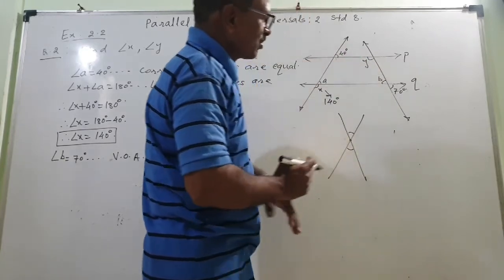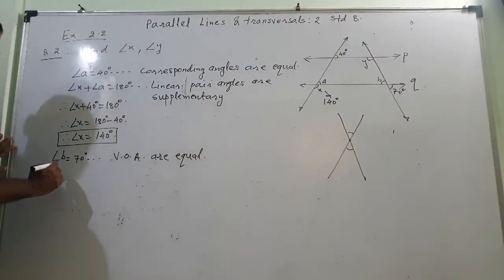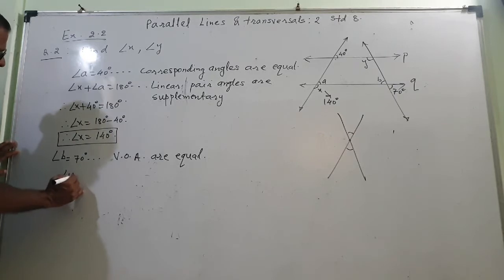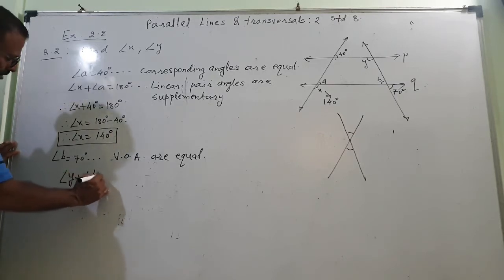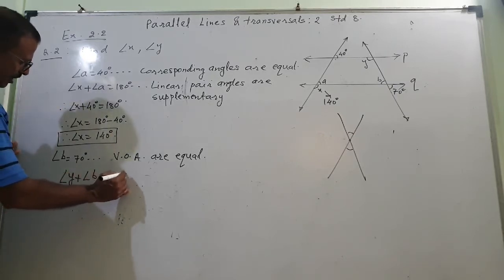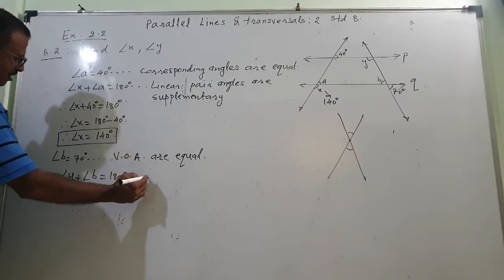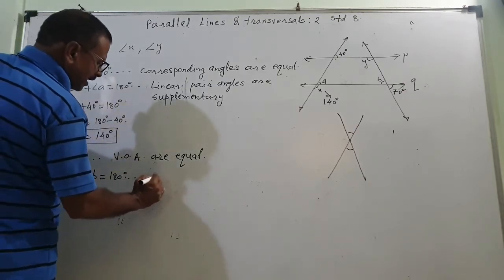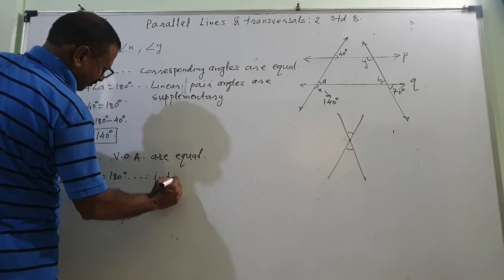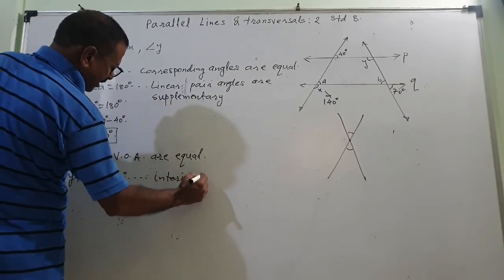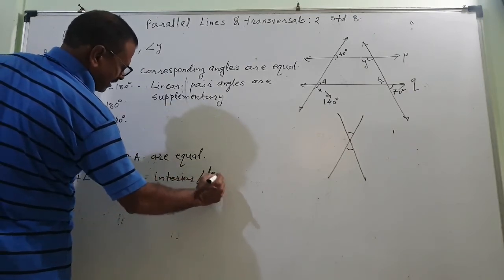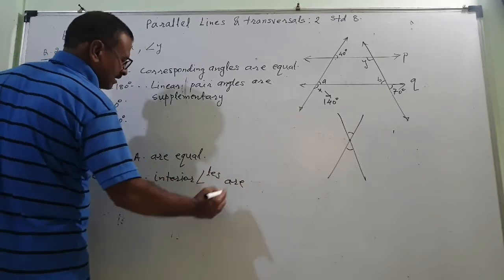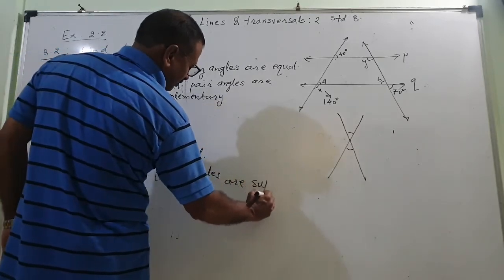Y plus B is equal to 180 degree. Angle Y plus angle B is equal to 180 degree. Reason, last time we have seen interior angles are supplementary.